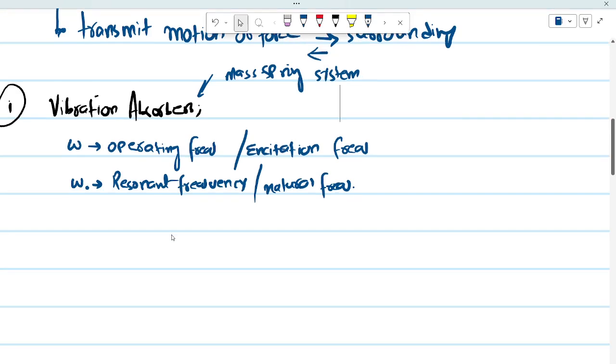So before going into that detail, let's suppose we have a rotating machine, like we saw in the last lecture. Let's say we have a rotating system.